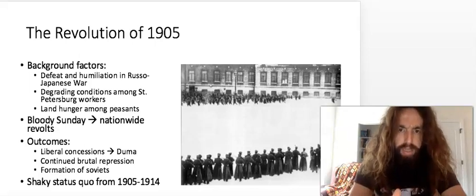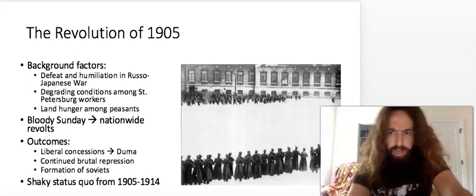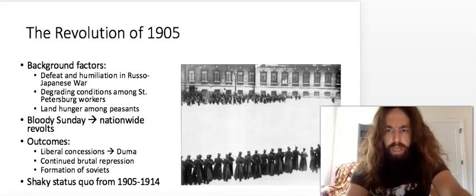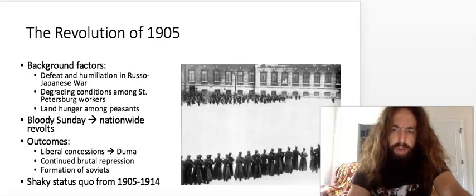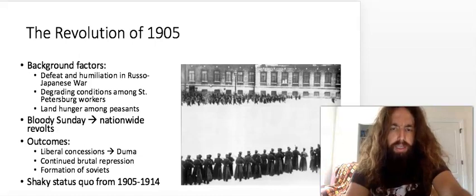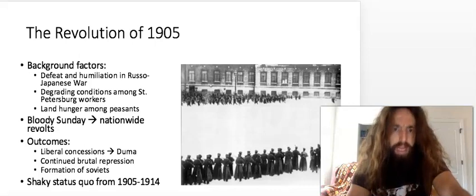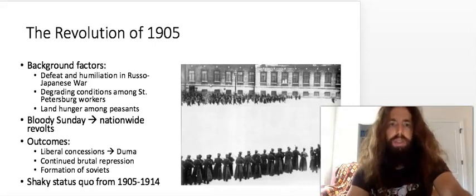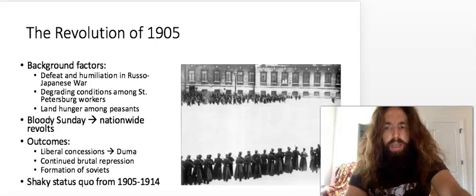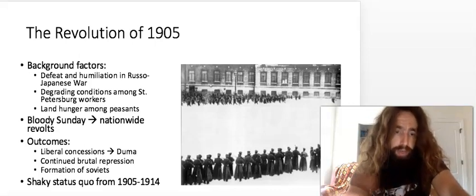The Soviets are organizations for workers in the major cities of Russia, where workers get together and fight for better working conditions, but they also plan and talk about radical ideas for ways of making life better. These Soviets emerge as a result of the revolutions of 1905, and they're going to remain in existence up until 1917, at which point they are going to actually play a key role in overthrowing the entire government.